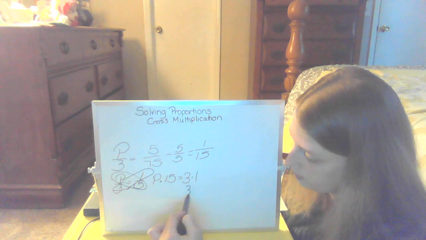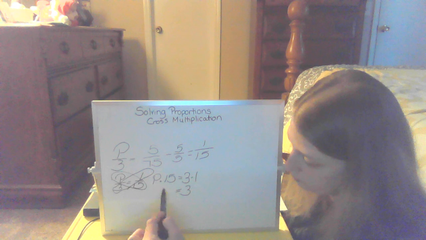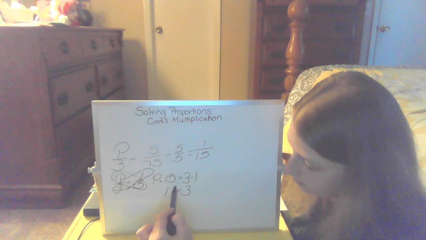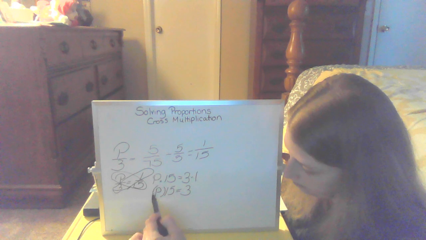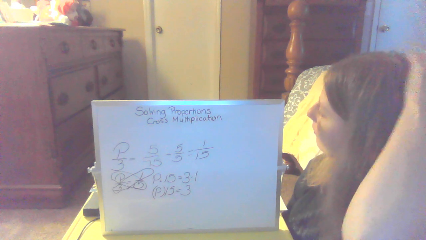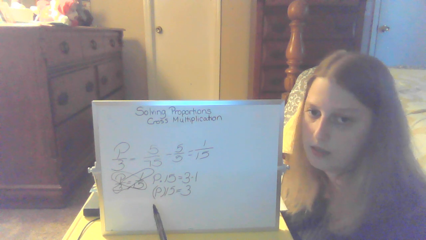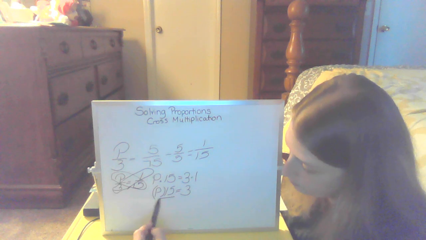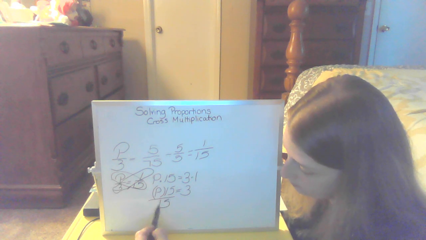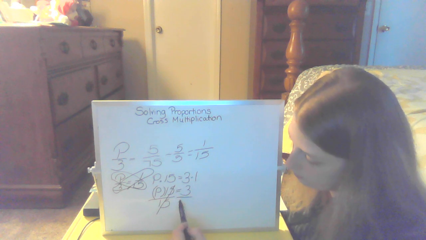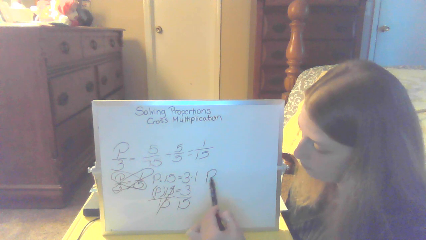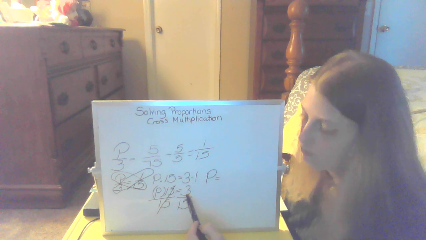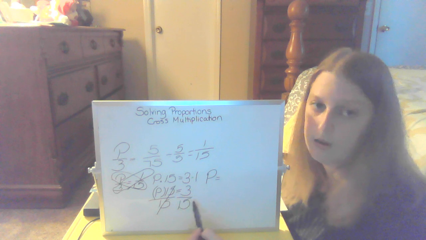So we're going to write 3 equals 15 times p. Now we're going to have to isolate our p once again. So we're going to divide both sides by 15. These two are going to cancel, and our p is going to be equal to 3 divided by 15, which gives us 5.